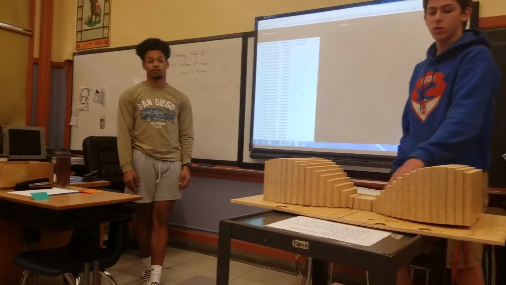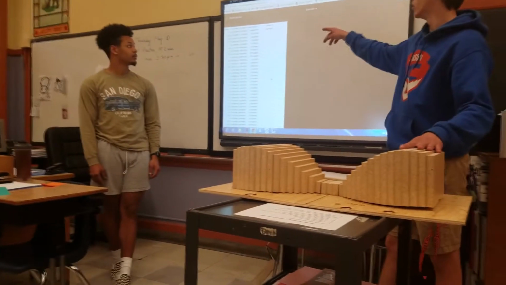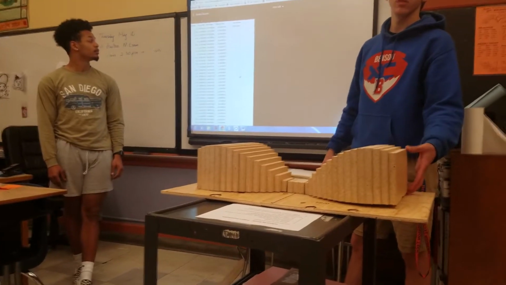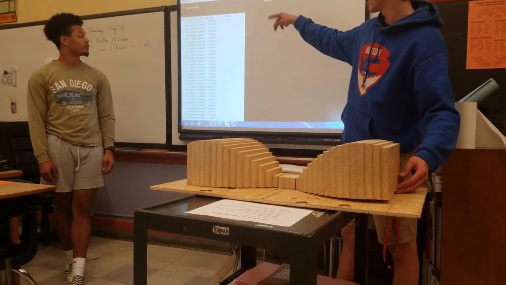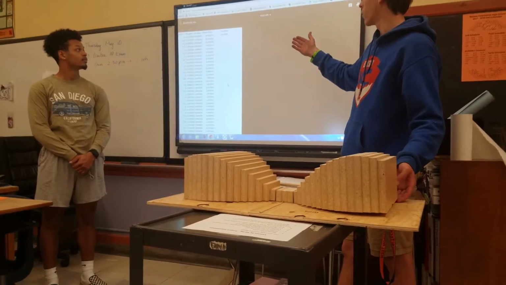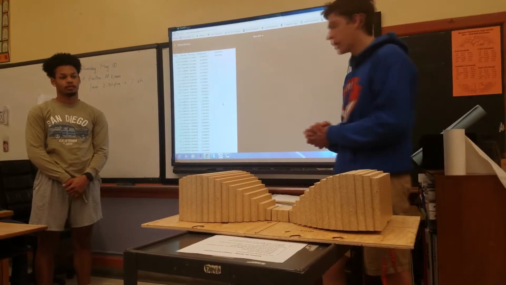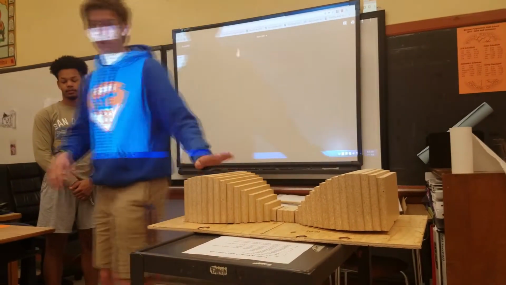And the material we used is 3/4 inch thick. So our volume is 3/4 times the slice height times the slice width, which gave us a total volume of 1,043-ish cubic inches. So that's what we got by these slices.